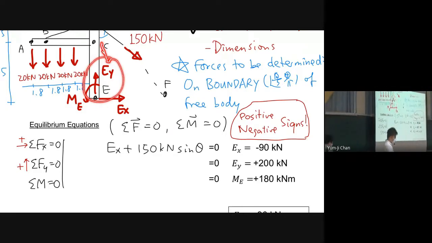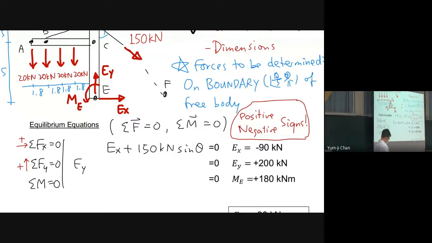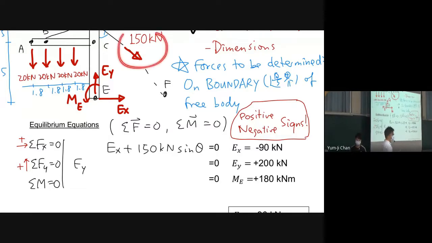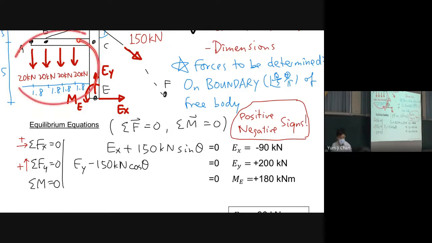Positive, okay. And then for the 150 kilonewton, is this positive or negative? Negative, because it's going down. So it's 150 kilonewton cosine theta. And for these 4 forces, they are going downwards, so they are negative. So we have 4 times 20 kilonewton equal to 0.